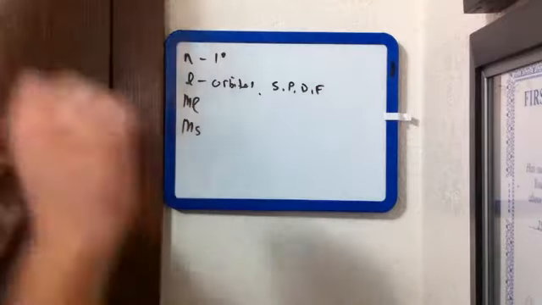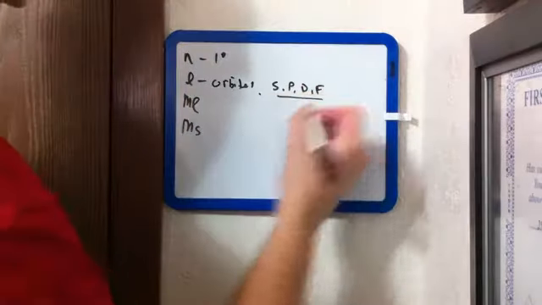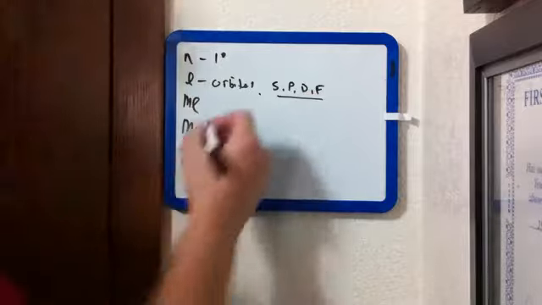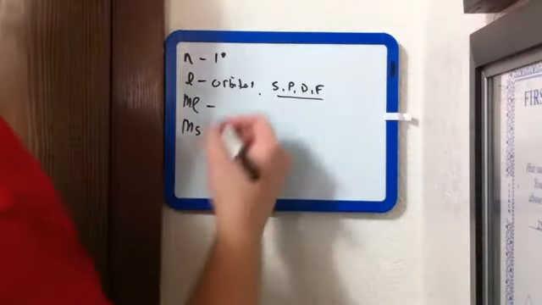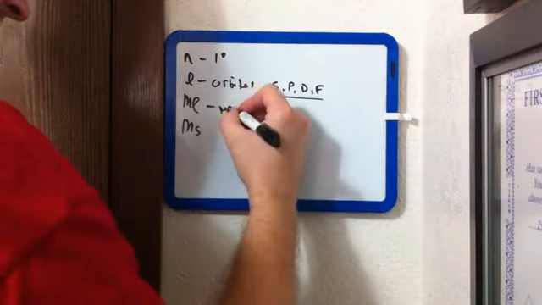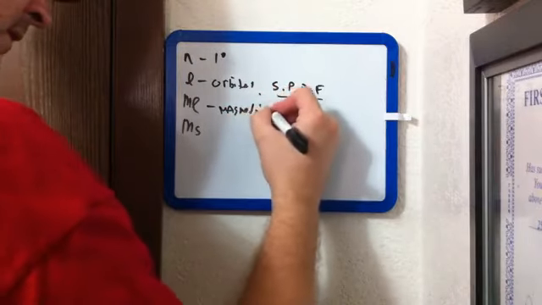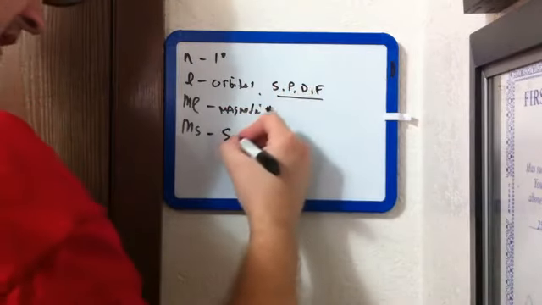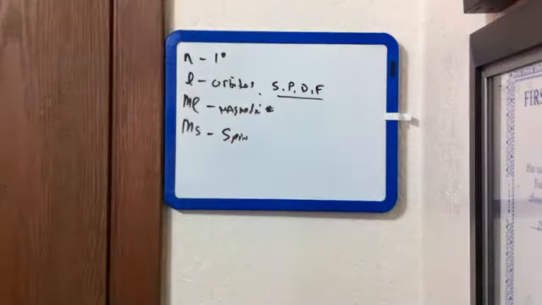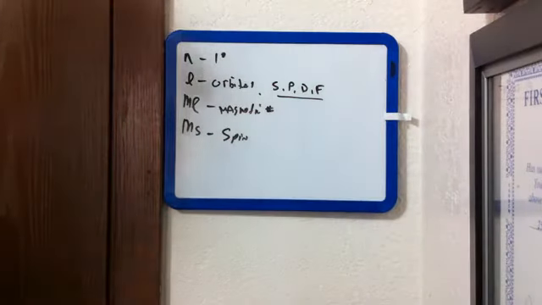Theoretically, there's a lot more, but this is what we deal with on a practical basis. And then I talked about m sub l as being the magnetic number, and then m sub s being the spin number, the intrinsic angular momentum.